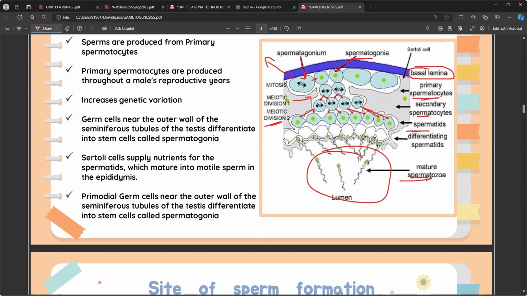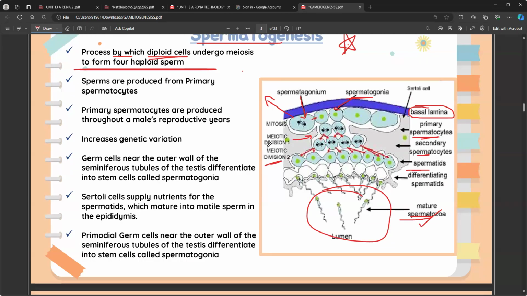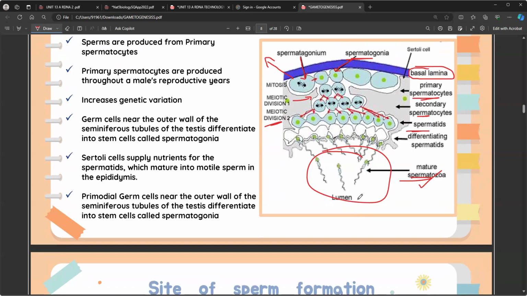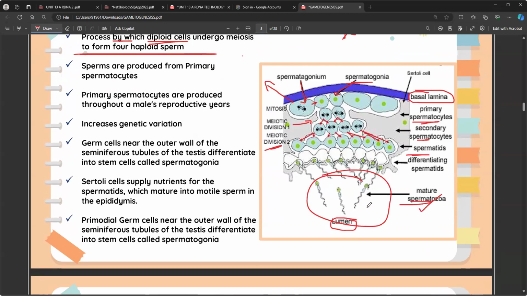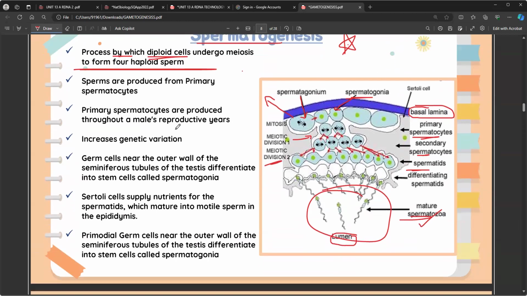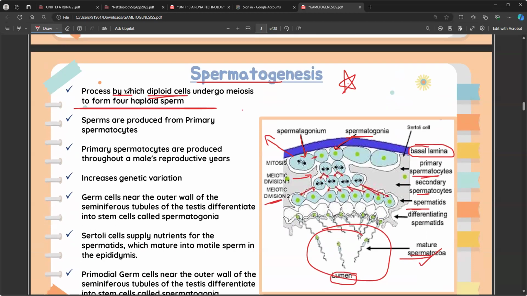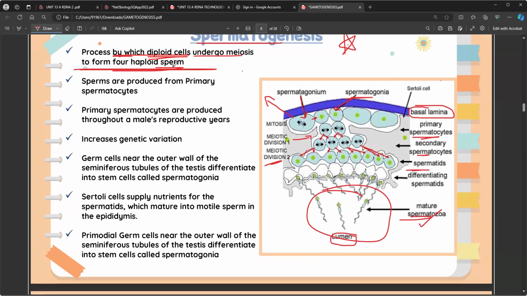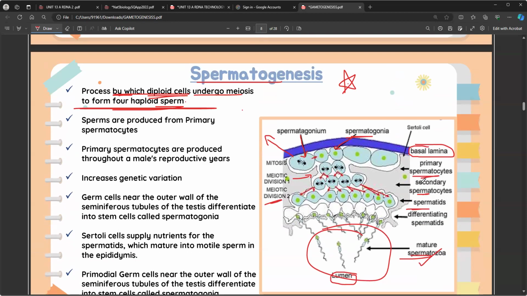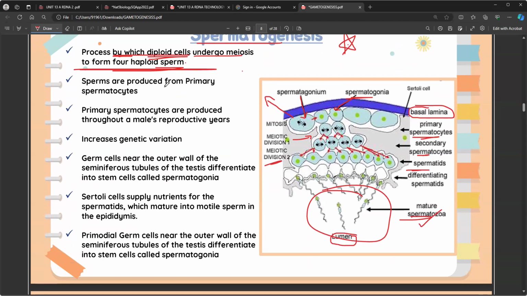Spermatids finally differentiate into mature spermatozoa, and finally, friends, they are released into the lumen. So once again, remember the process by which a diploid cell undergoes meiosis to form 4 haploid sperms. No point of getting confused. Sperms are produced generally from the primary spermatocyte. This is a primary spermatocyte.